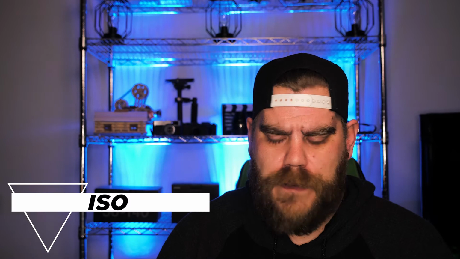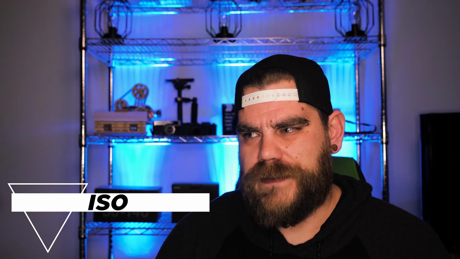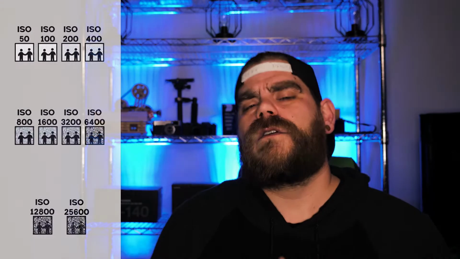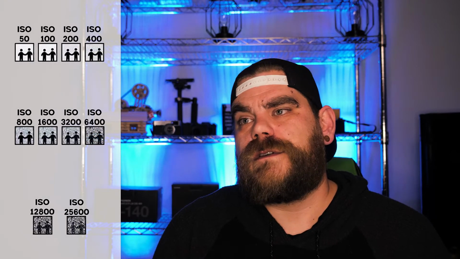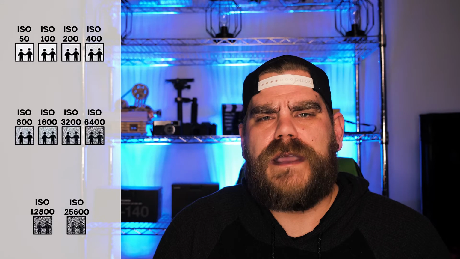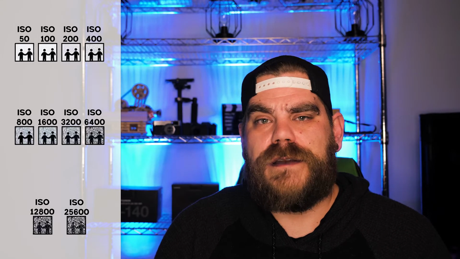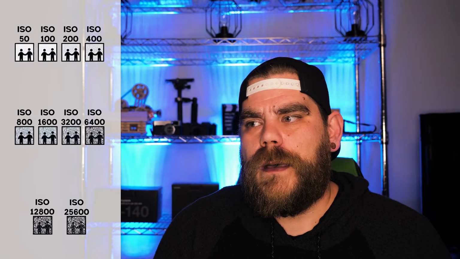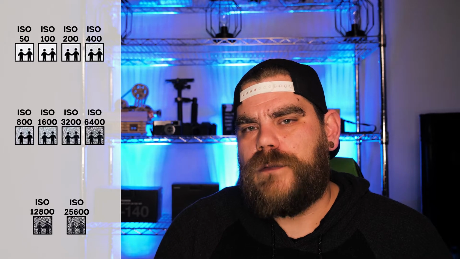ISO, now this one's a little tricky. ISO is kind of like digital light that you can add to your photographs. Normally it's used or reserved, I guess you could say, for lower light conditions, whether that be like sunset or night photography. But you really want to be careful with this.